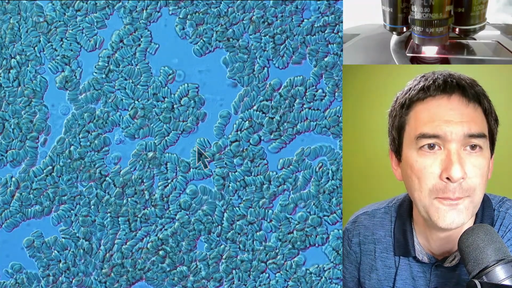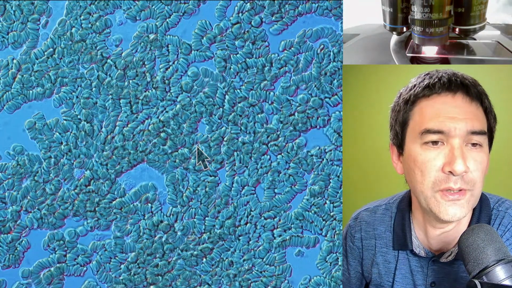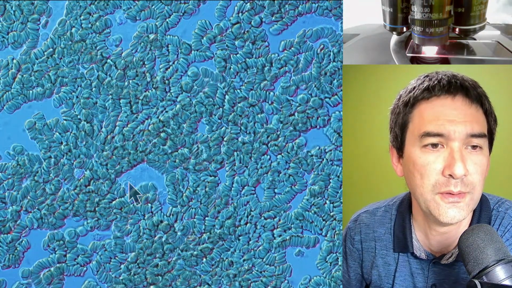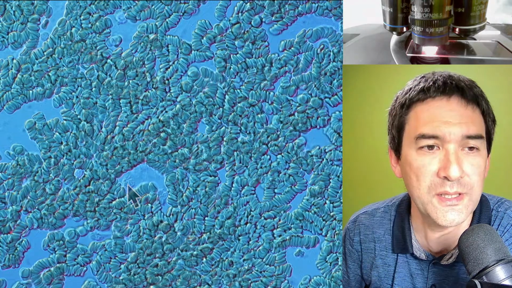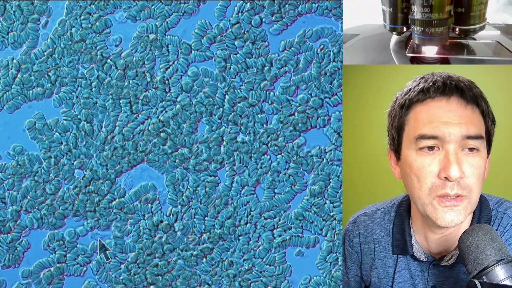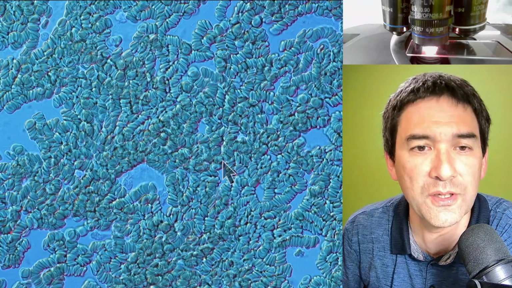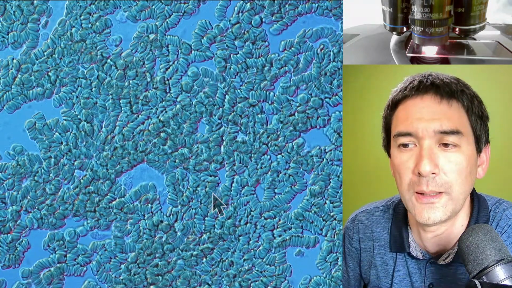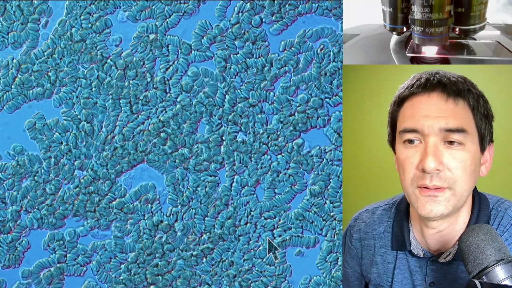I just want to make it clear: over here, for example, this one could also be a white blood cell. Maybe this one over here as well. The red blood cells are simply significantly more abundant.